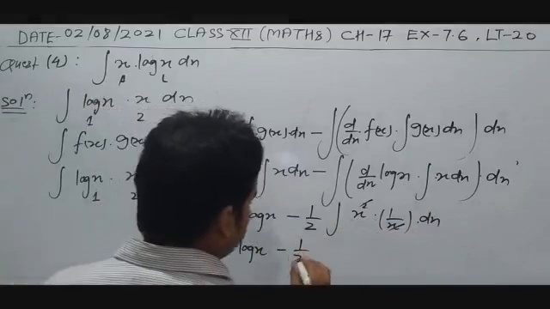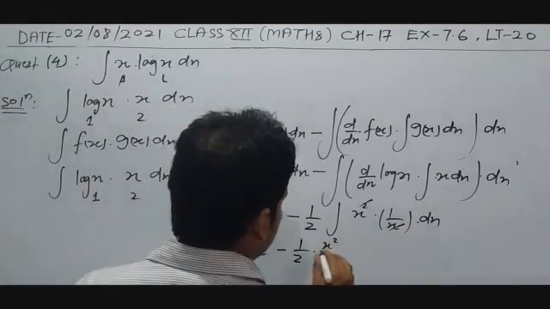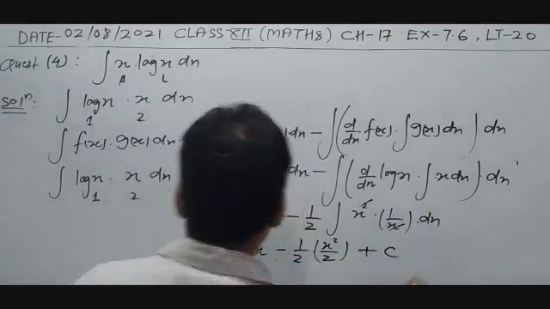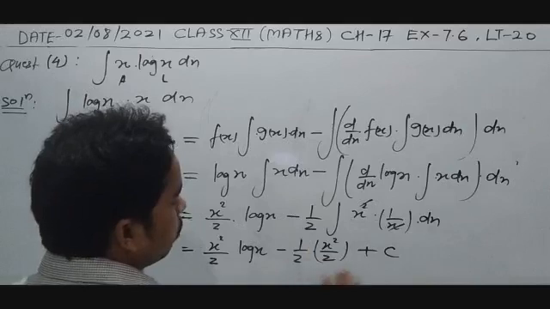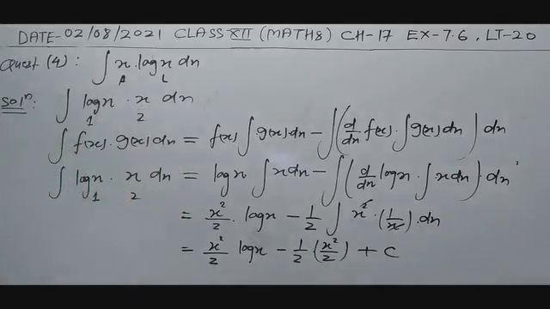So result will be x square by 2 and now plus c. Now x square by 2 will multiply by 1 by 2, result will be x square by 4. Now the answer will be x square by 2 times log of x minus x square by 4 plus c. This is the answer.